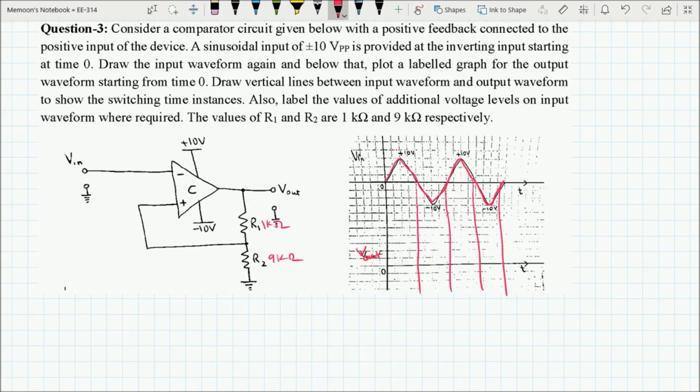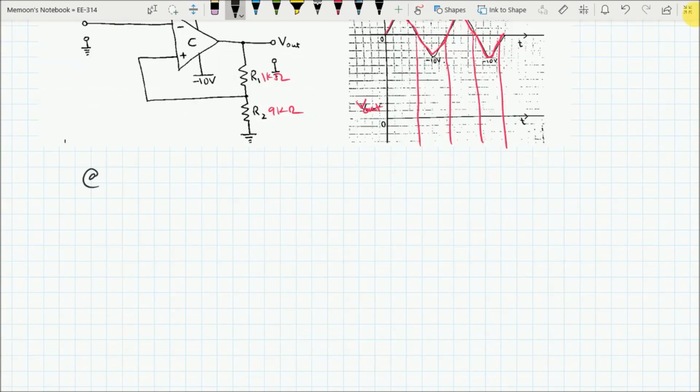So let's see at which point in time your output will switch from positive to negative and from negative back to positive. At t is equal to 0, V in is equal to 0. This implies that V out will be equal to 0. And at t is equal to 0 plus, just after time 0, your V in is greater than 0.